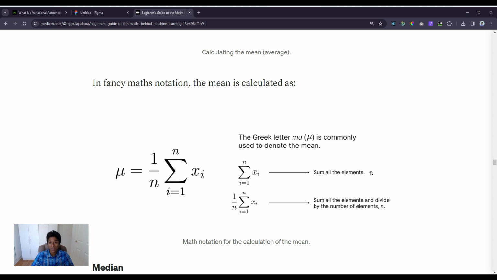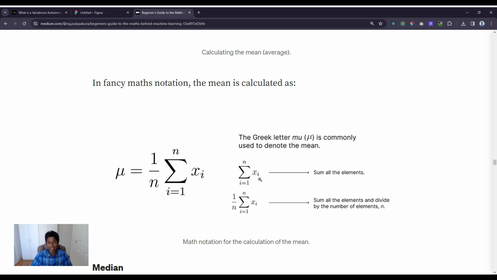Now, in maths notation, we can calculate the mean using this formula. This symbol right here is called mu. It's the symbol that's often used to represent the average or the mean. What this formula means is this first part here is the sum of all the elements.